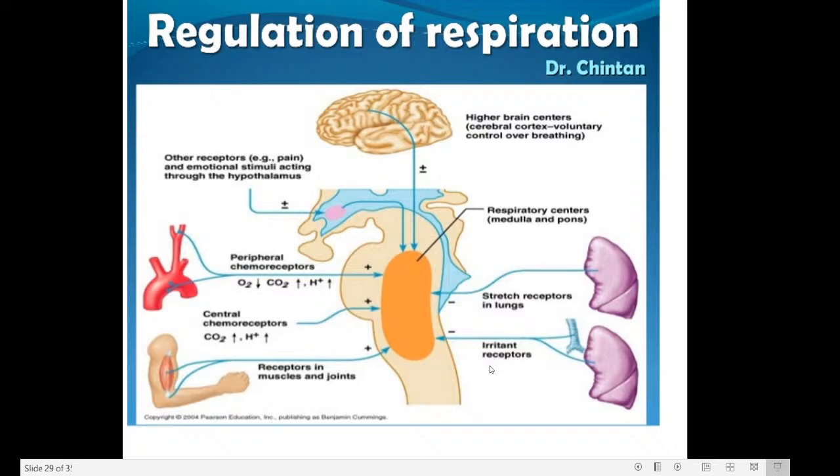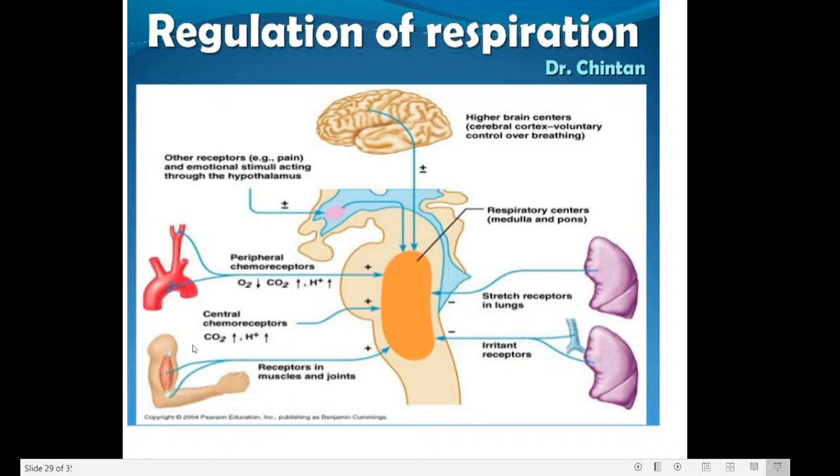There's a respiratory center in the medulla and pons, stretch receptors in the lungs, irritant receptors, and receptors in the muscles and joints.